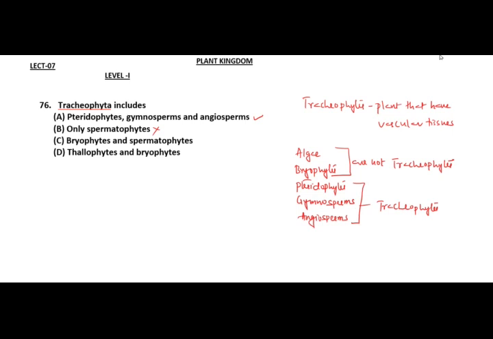Bryophytes are not tracheophytes, as I told you just now, so this is also wrong. Thallophytes include algae. Algae and bryophytes, again both are wrong. So option A is the right answer.